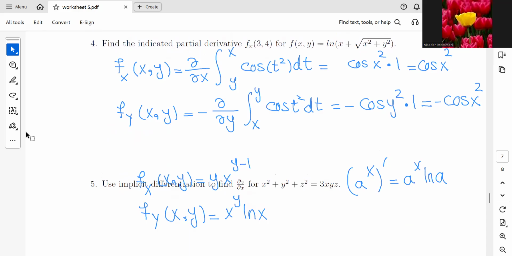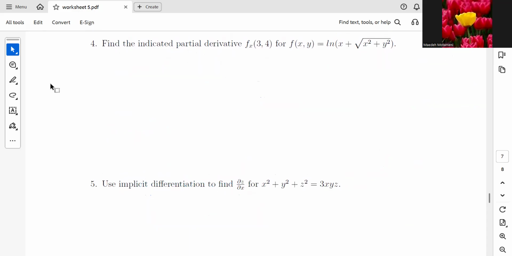Number 4 is asking about the derivative with respect to x of this function, but this time we would plug in 3 for x and 4 for y. So the derivative with respect to x for the function of two variables, x and y, we're going to find the derivative with respect to x.